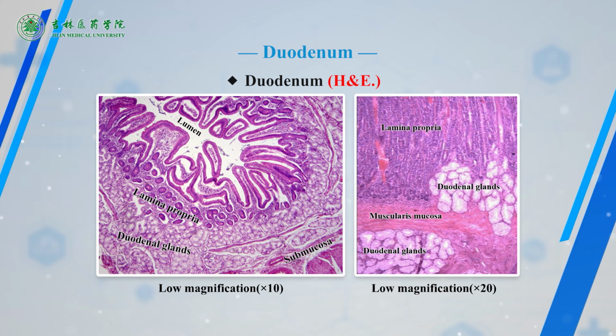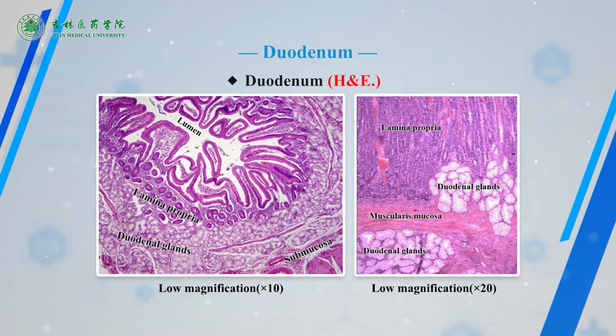Outside the mucosa is the submucosa, which consists of loose connective tissue with many collagenous fibers, blood vessels, and submucosal nerve plexus. In the duodenum, there are duodenal glands in the submucosa.